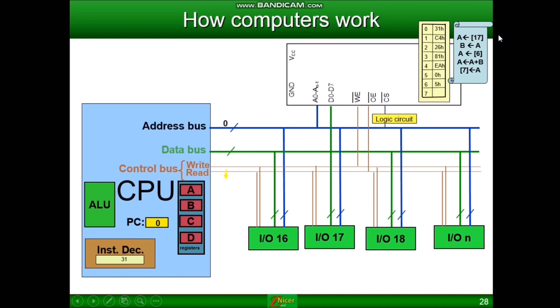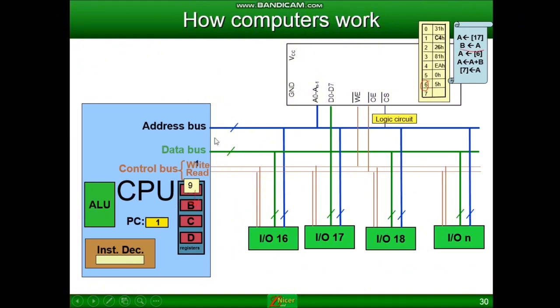After that, the data stored in the 17 input output device is going to the register A, and the data stored in this is 9. As you can see, it is now in register A. Then in the second line, the data stored in A is going to be copied to B, and the program counter is now changed to 1.